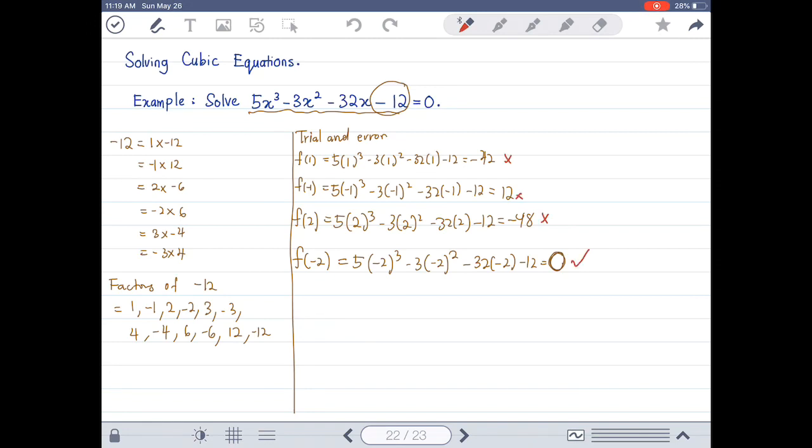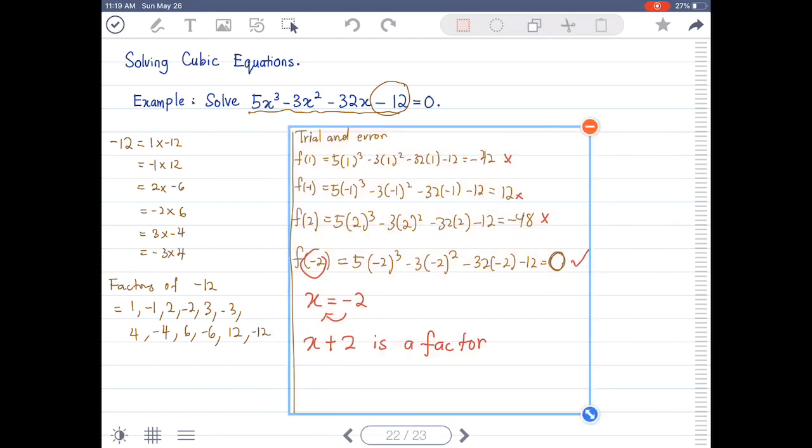We need to choose x equals negative 2, hence x plus 2 is a factor. Remember, when we bring x minus 2 to the left hand side, we get x plus 2, and x plus 2 is a factor.